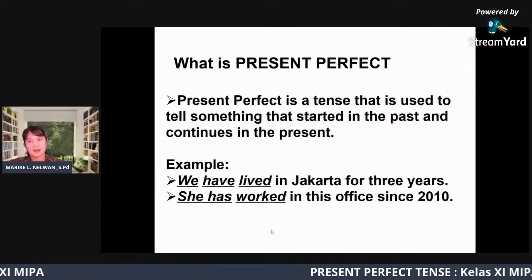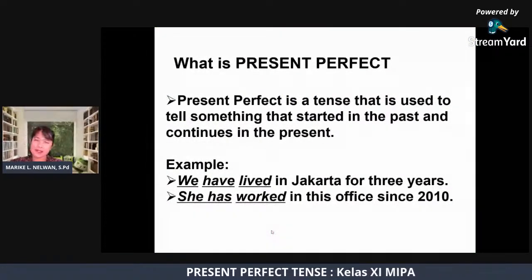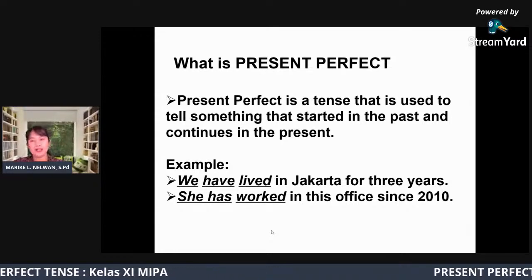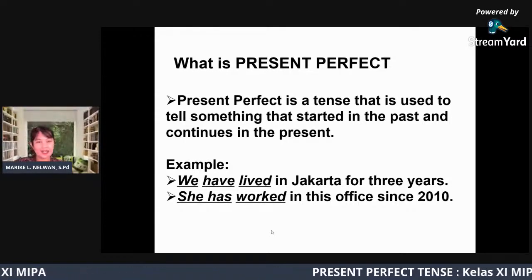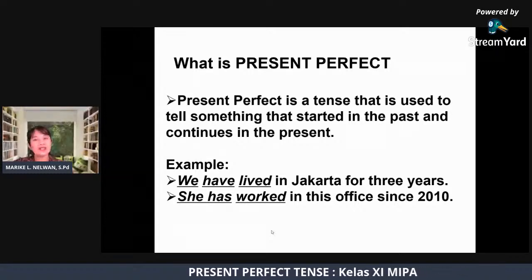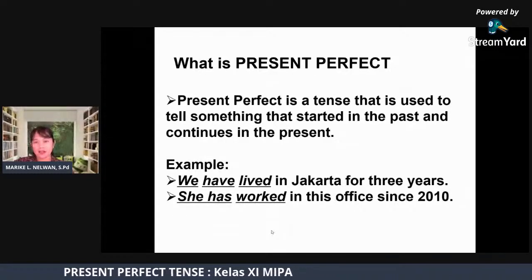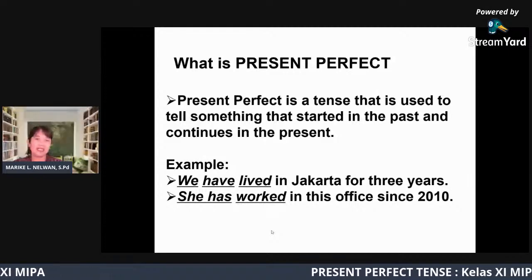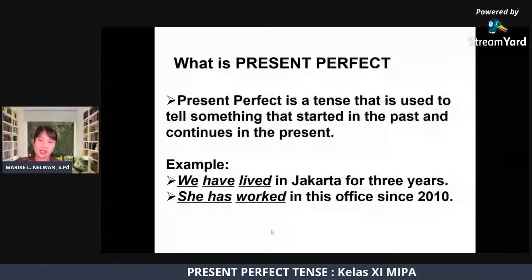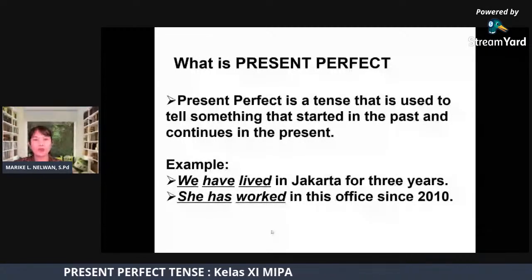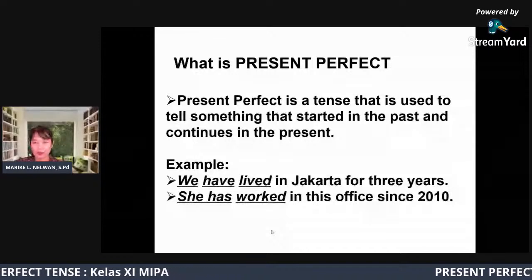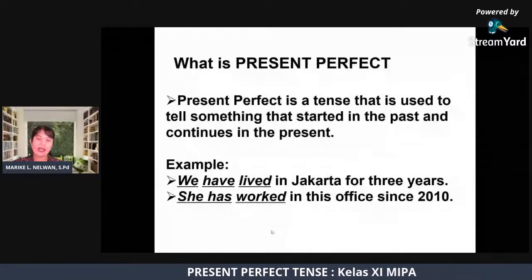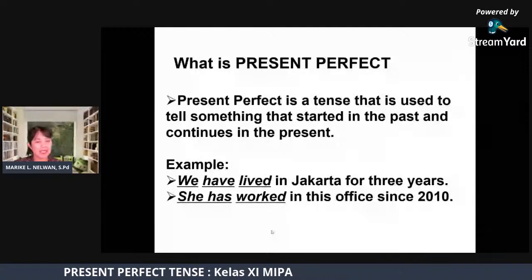My students, what is present perfect tense actually? In English, present perfect tense is a tense that is used to tell something that started in the past and continues in the present. Jadi present perfect tense ini juga bisa digunakan untuk mengatakan sesuatu yang kita mulai pada waktu yang lalu dan masih berlanjut sampai sekarang.